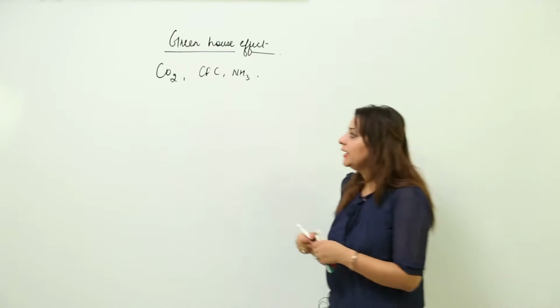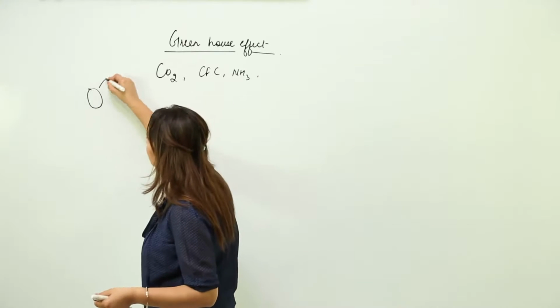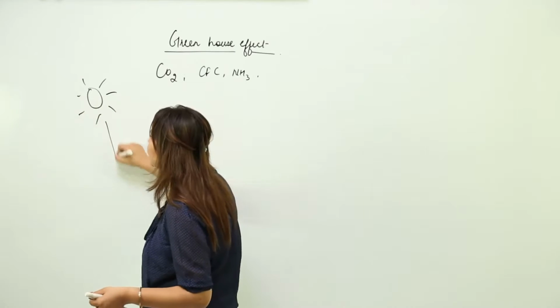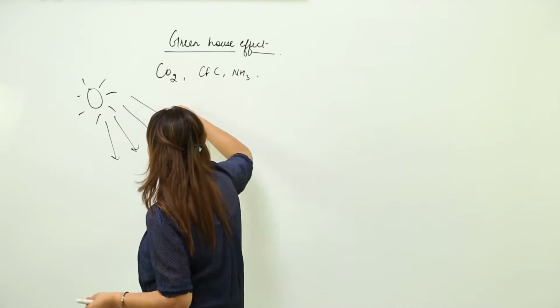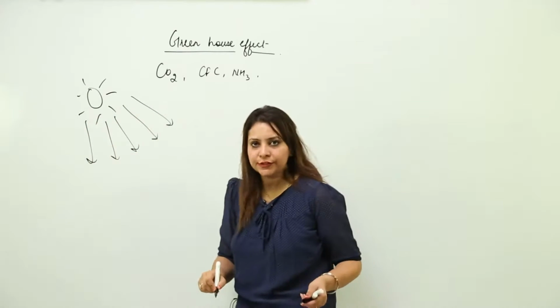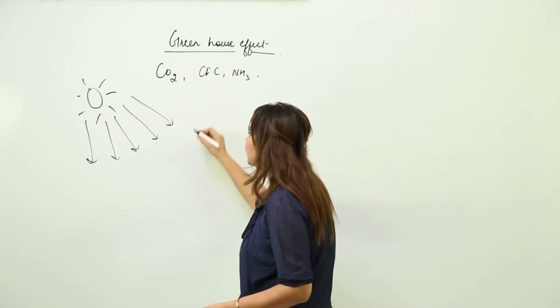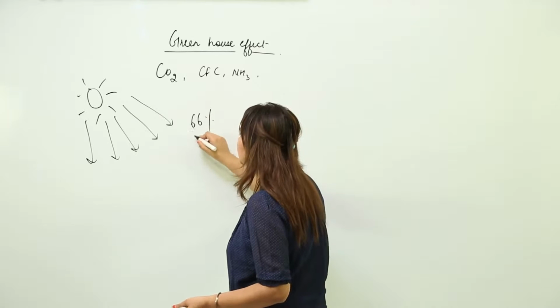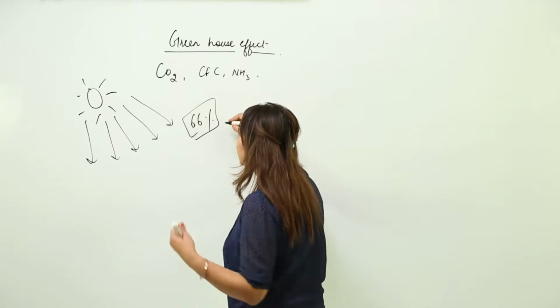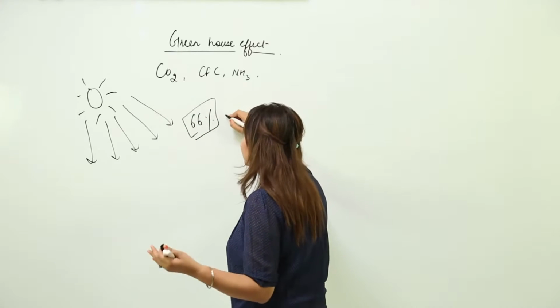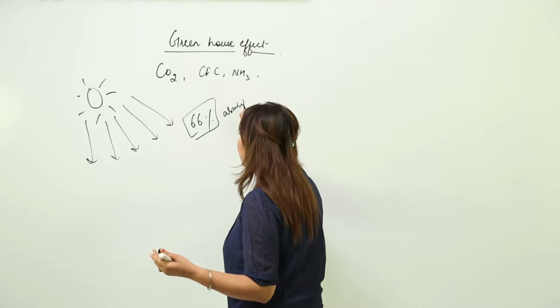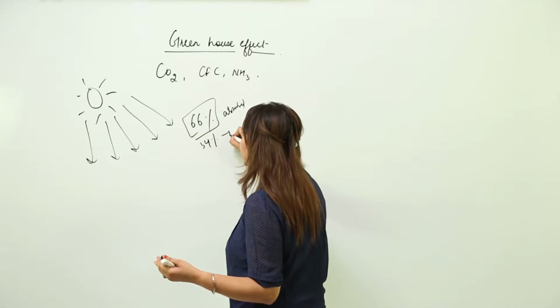We know that the sun is sending radiations onto the earth's surface. Out of the whole radiation, 100%, 66% is absorbed and 34% is radiated back.